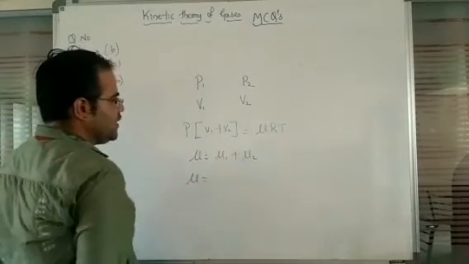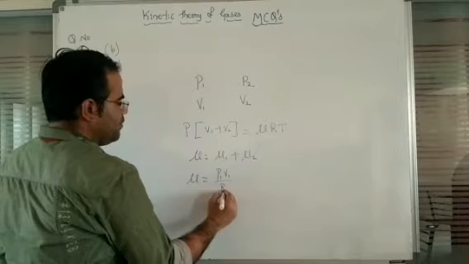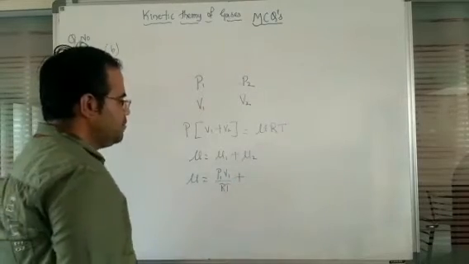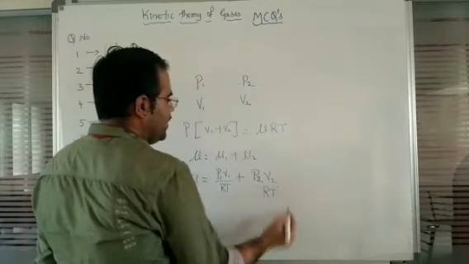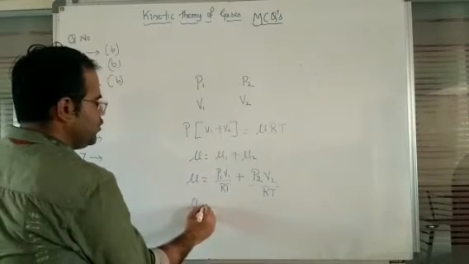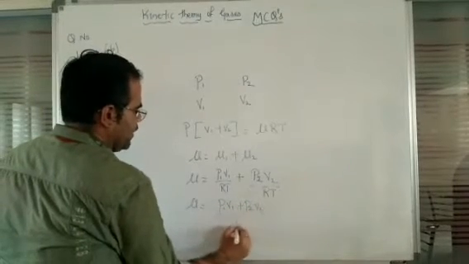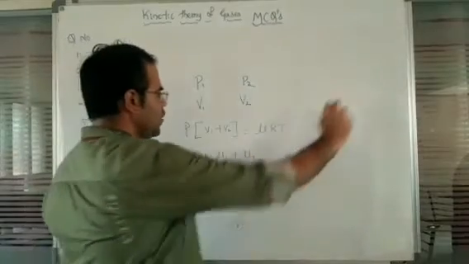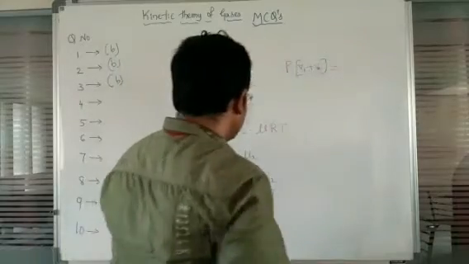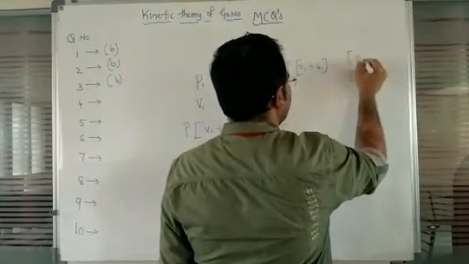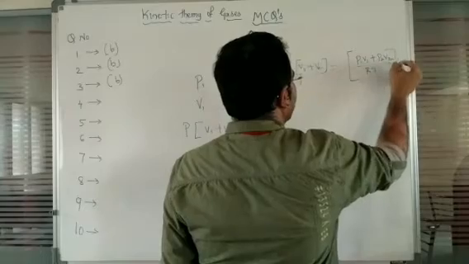So mu1 can be taken as P1 into V1 divided by R into T, plus mu2, where the pressure is P2 and the volume is V2, again divided by R into T. So this implies mu is equal to (P1 V1 plus P2 V2) divided by R into T. Now on substituting in this equation, P into (V1 plus V2) is equal to the expression (P1 V1 plus P2 V2) divided by RT, multiplied by RT.